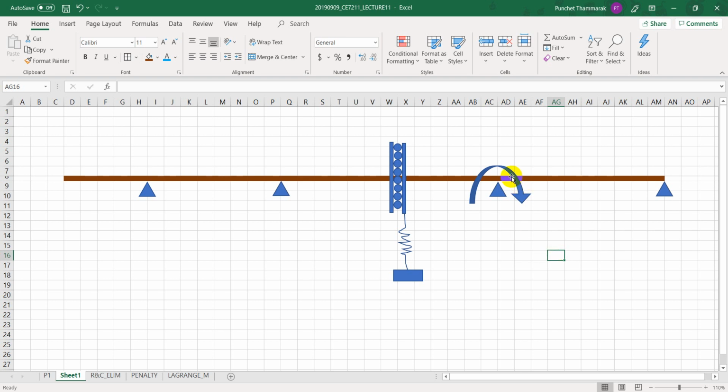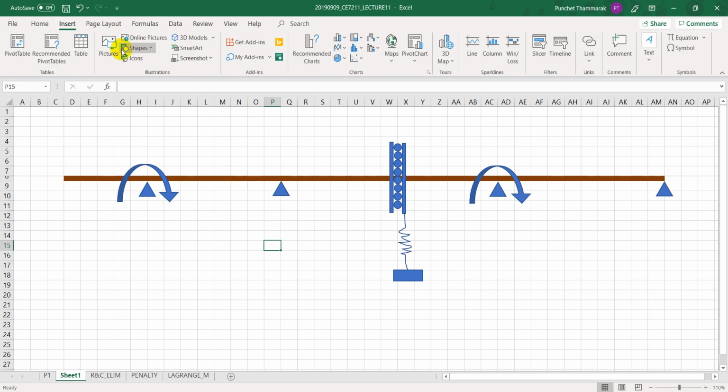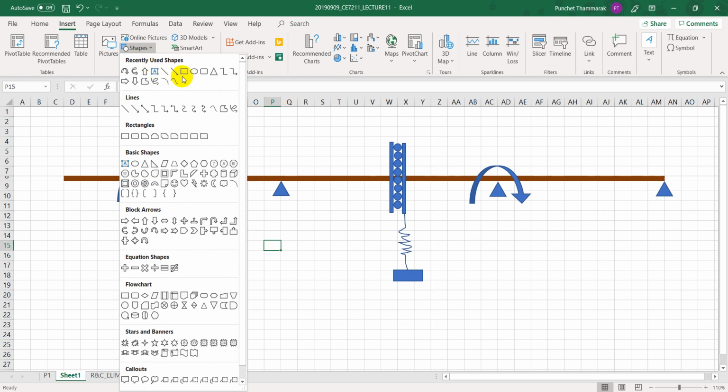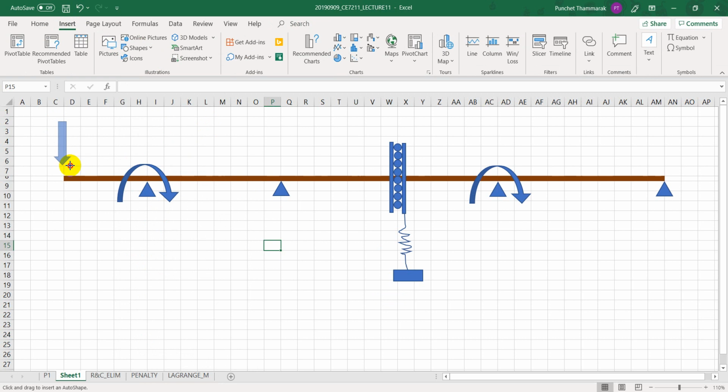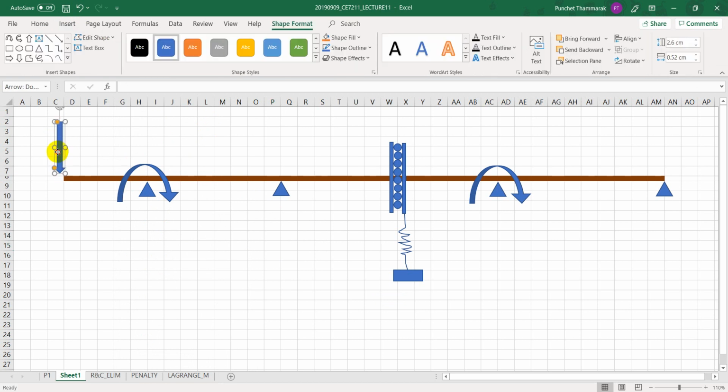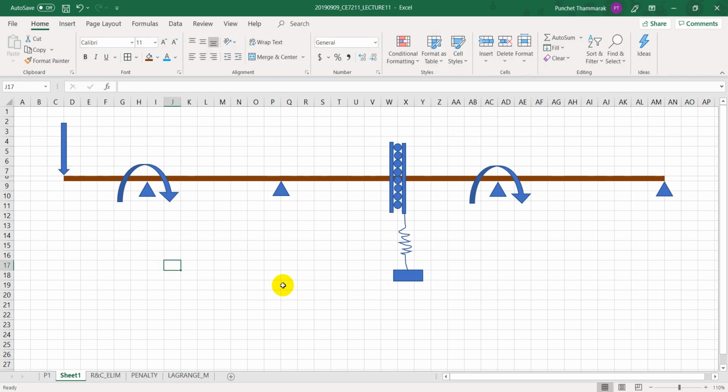So we apply a moment here, maybe more than one. Oh no. Okay, I'll give you the moment magnitude later. And then what else? And that's going to keep you busy for a while. There you go, point force.